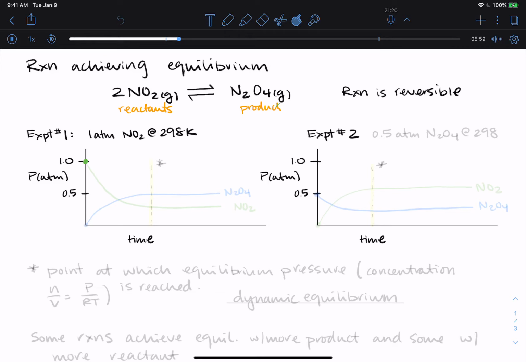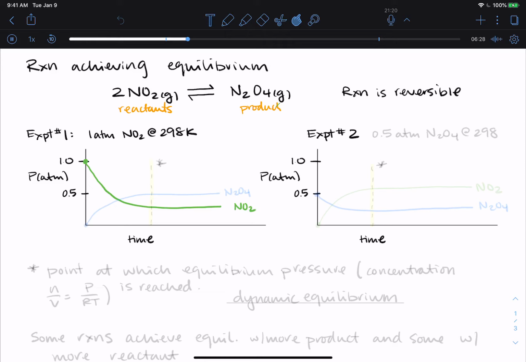So as this reaction goes forward, my NO2 concentration, well, in this case, the way that we're measuring that is through pressure, my NO2 pressure is going to decrease over time. And we find that at some point it just kind of evens out, right? The actual pressure stops changing. So this is my NO2 in green.